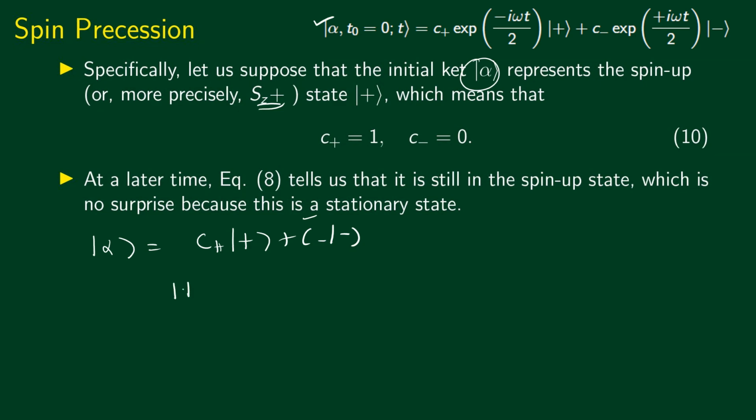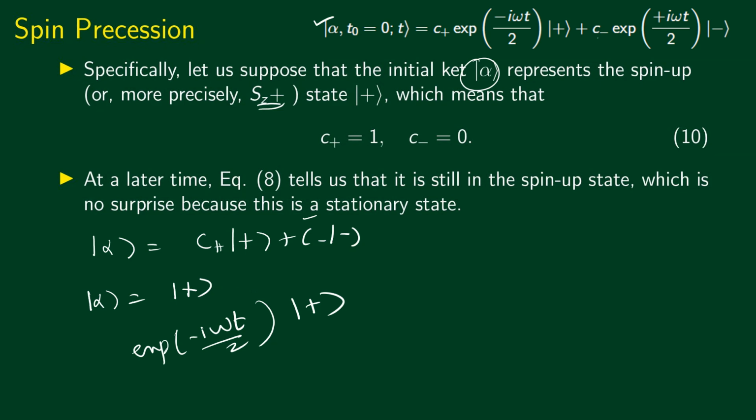So we are talking about the initial state ket alpha is equal to ket plus. Then the state at a later time, if you take c minus equal to 0, is simply exponential of minus i omega t divided by 2 multiplied by ket plus. So this is exactly the same state. It gets multiplied by a pure phase factor, but it represents exactly the same state.